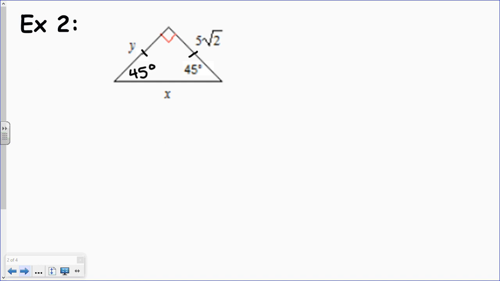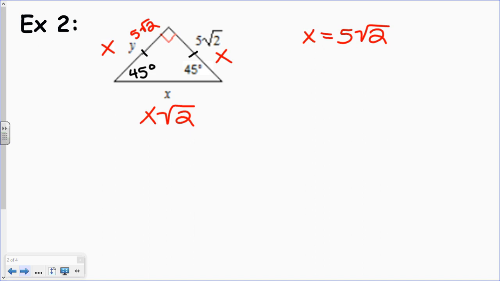So we know that they fall into the ratio. This side is x, this side is x, and this side is going to be x times the square root of 2. So in this case, we already know that x is going to be equal to 5 times the square root of 2. So we know that y is also 5 root 2 because they have the same measurement.